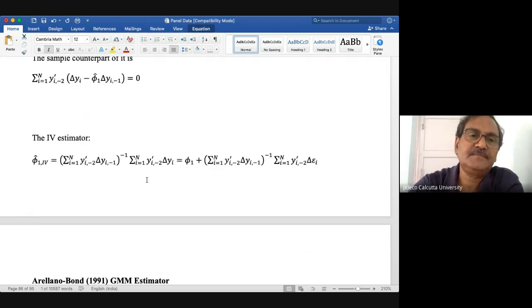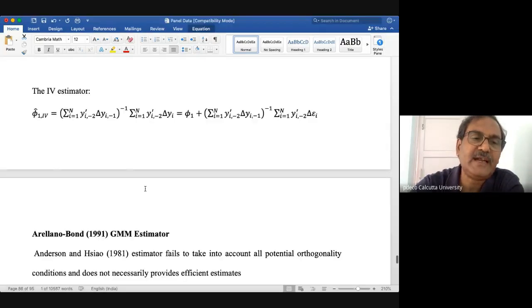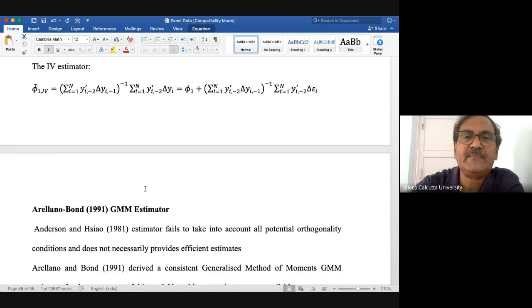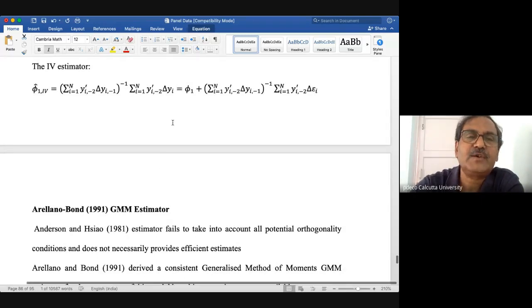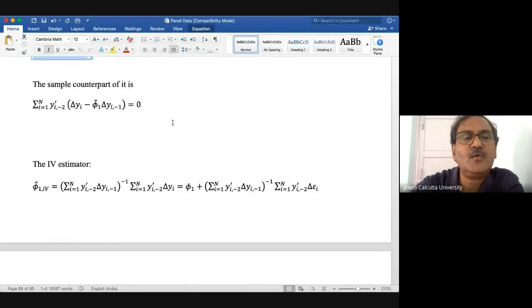Now, later on, the methodology was extended by Arellano and Bond in the form of a system estimation. In Anderson and Hsiao, we considered only yit minus 2 as an instrument to estimate this model.